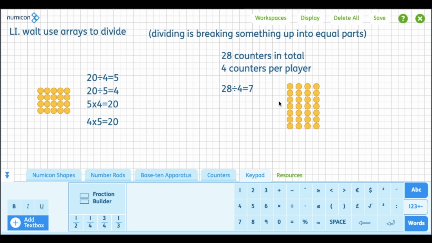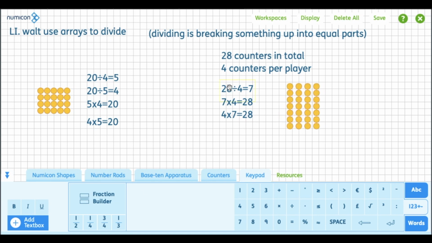But like I said before, you could have written this as a multiplying sentence, or maybe you knew what the answer was because you know your times tables. So we have 7 lots of 4 is equal to 28, or 4 lots of 7 is equal to 28. Either one works, because remember we can just flip this whole thing round and all of a sudden we've got 4 lots of 7 instead of 7 lots of 4, or we could flip it back and leave it as it is.